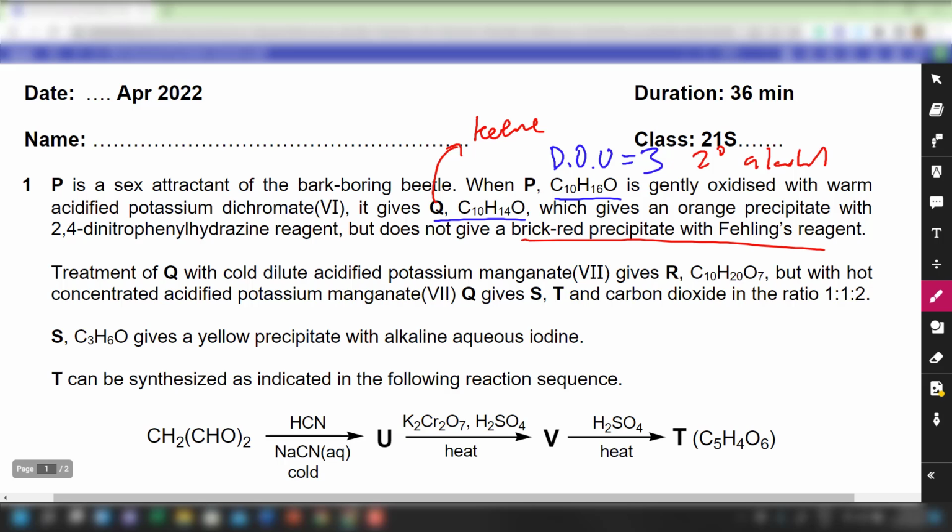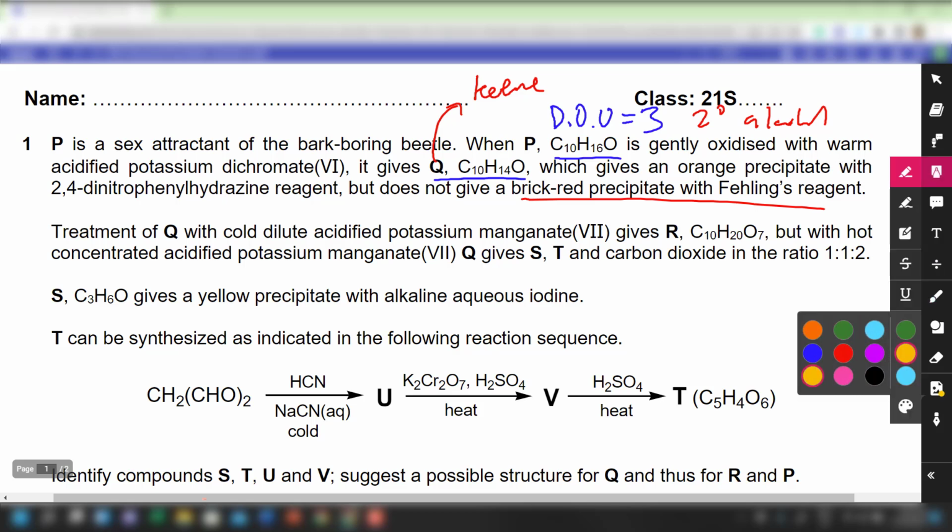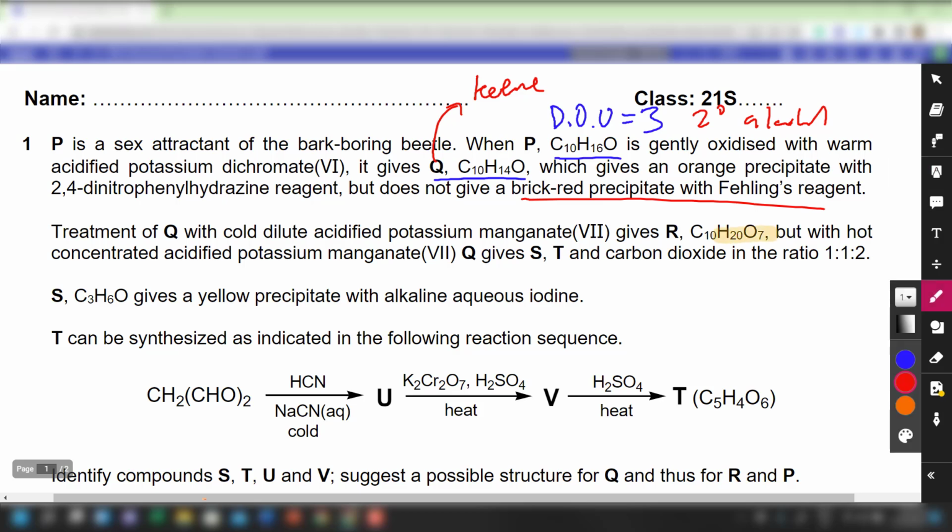You were told that treatment of Q with cold dilute acidified potassium permanganate gives R. This is a very important clue because you notice that the number of hydrogen and oxygen increases by 6. That means R contains 3 sets of diol.